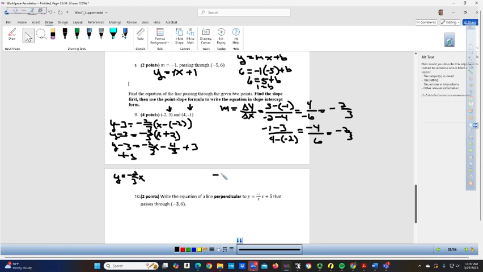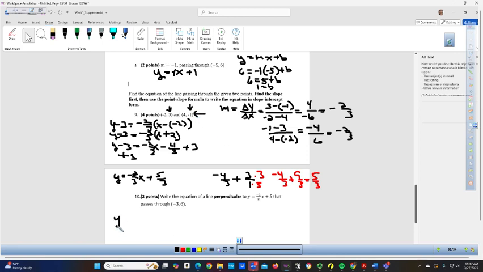And then if we say -4/3 plus 3/1, well, I just need to get a common denominator, which is obviously 3. So I multiply the denominator and the numerator by 3. So I get -4/3 plus 9/3. And now I get a b of 5/3, right? So this is going to be plus 5/3.